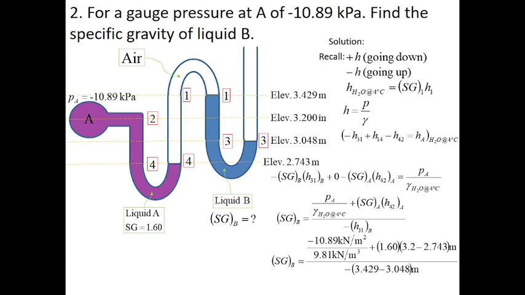So we just subtract. That is 3.2 minus 2.743. So that is the formula. H42 is 3.2 minus 2.743.